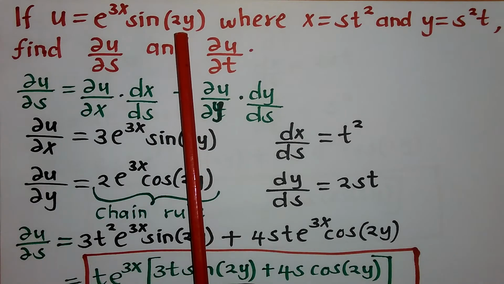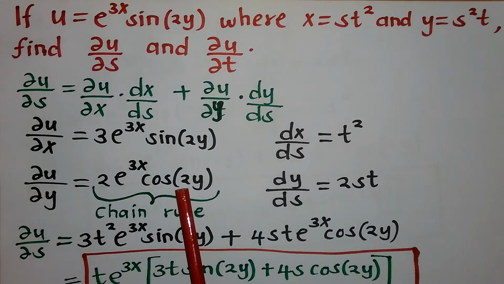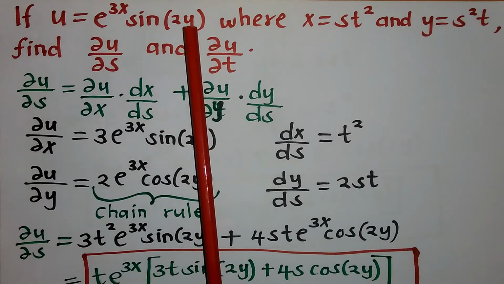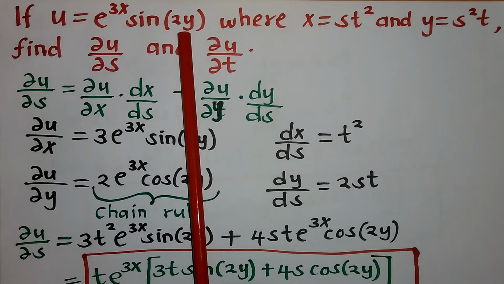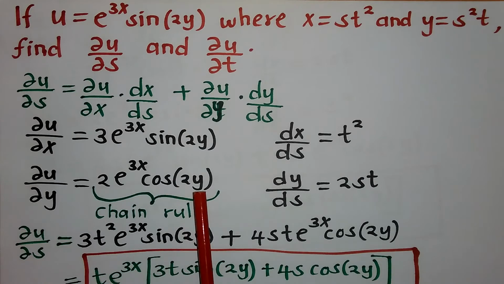There is a 2, which means we can't just write it as cosine 2y. So we're going to find the derivative of all this multiplied by the derivative of the inside, that is cosine 2y multiplied by the derivative of 2y, that is 2.